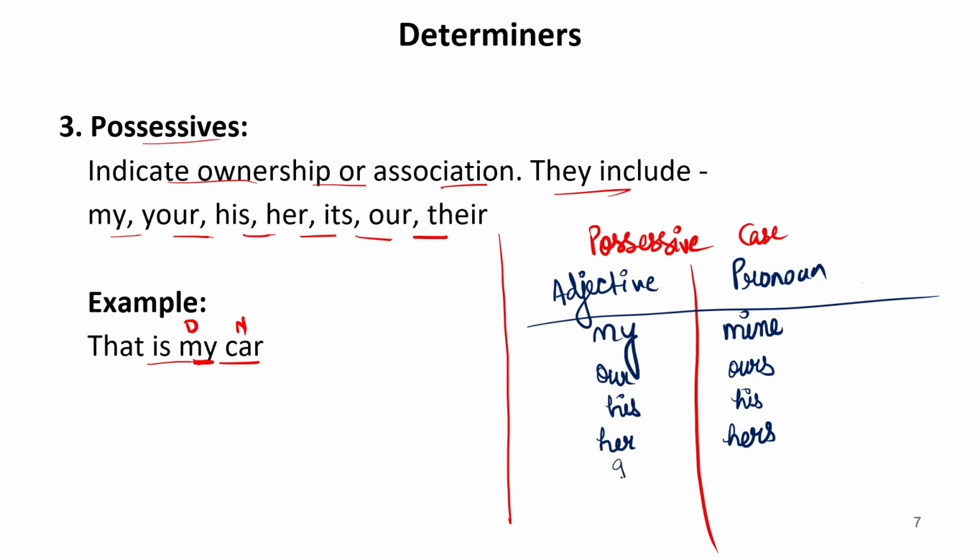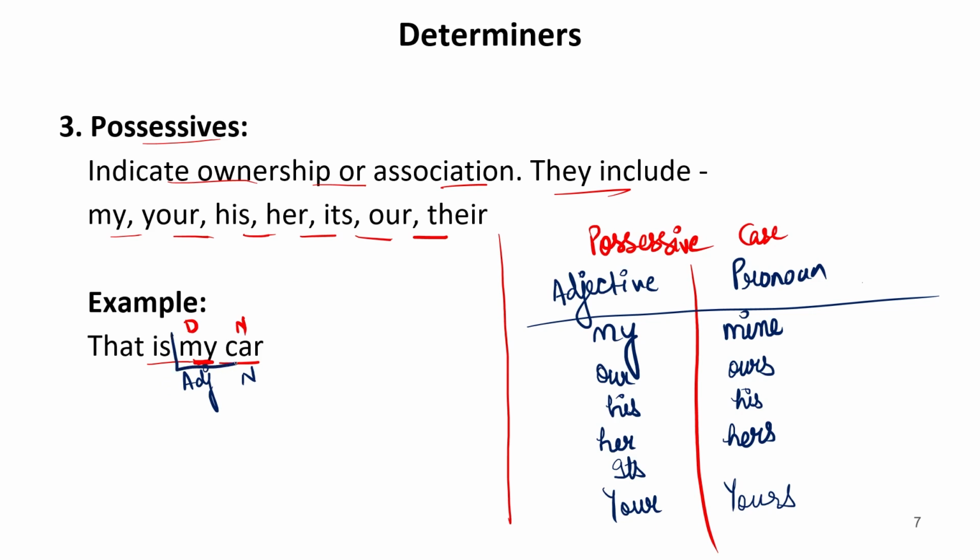For it, we can only have its, which is an adjective. For you, we can have your or yours as a pronoun. Both of these words are possessives, but your is a possessive adjective, whereas yours is a possessive pronoun. If I say that is my car, car is a noun, and before car we can only use an adjective or a determiner.